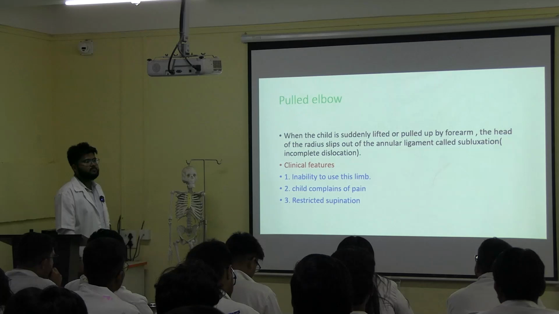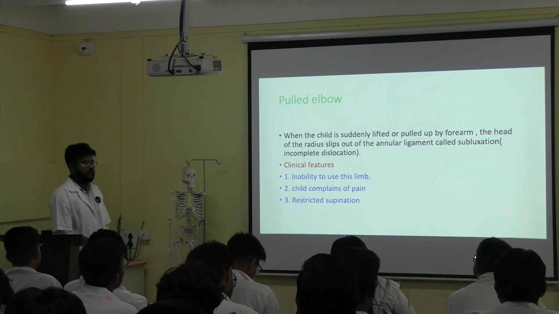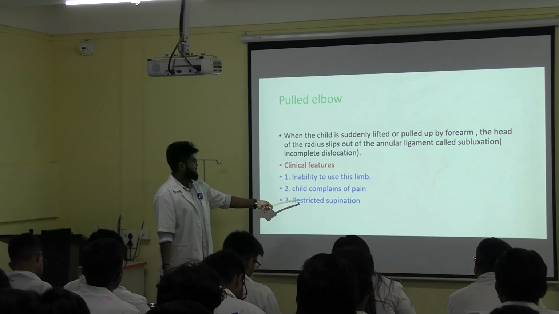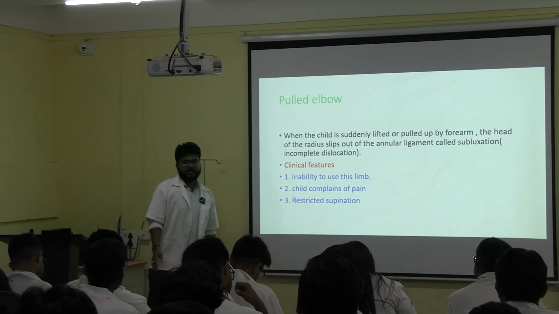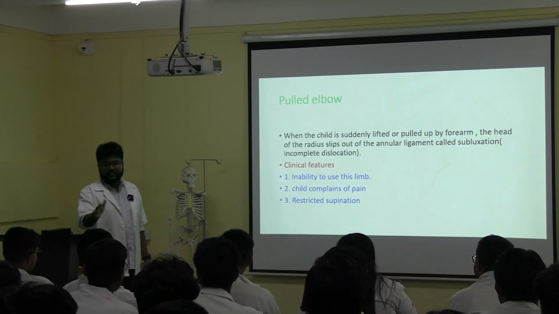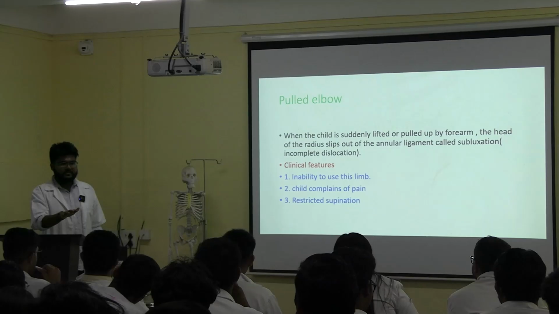The clinical symptoms are immobility, inability to use the limb, then pain, and then restricted supination. Can anyone show me supination? Yes, this is supination. This movement does not happen here; it is restricted.